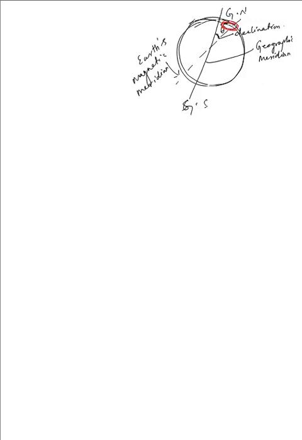Obviously, the surface that we can consider on the Earth will be completely flat, because it's a big sphere, and a small surface of a big sphere is obviously a flat surface.